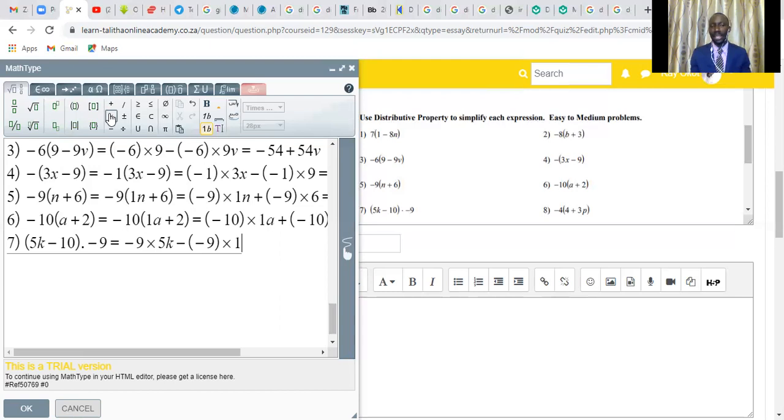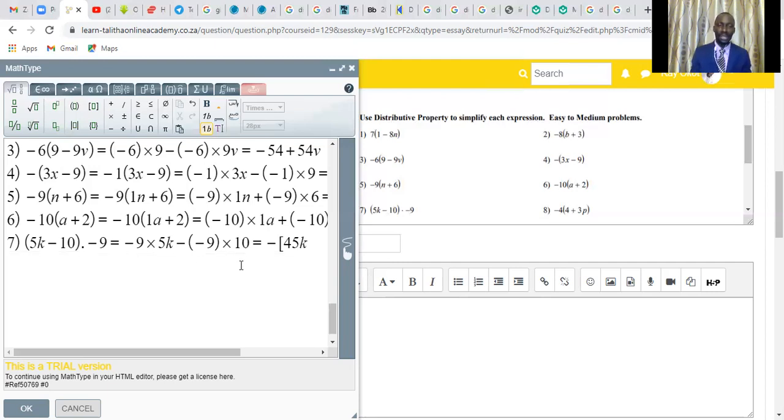The next step then is to expand the quantities. And so what do we get with that? Well, when we multiply 9 and 5, we get 45. But remember, there is a negative sign, so this will be minus 45k.